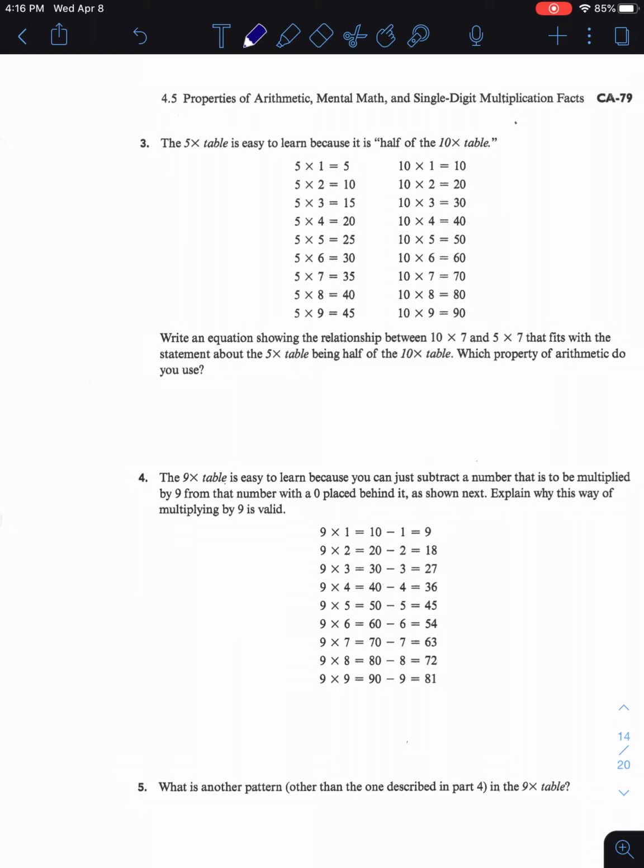But then those numbers are actually fairly easy to divide by 2. So if you don't want 10 times 5, but you want 5 times 5, we're going to take half of 50, and that's 25. Or if you want 5 by 8, we can do 10 by 8 and divide by 2, so that's 40. So there's another really nice strategy that helps kids remember the 5 times.